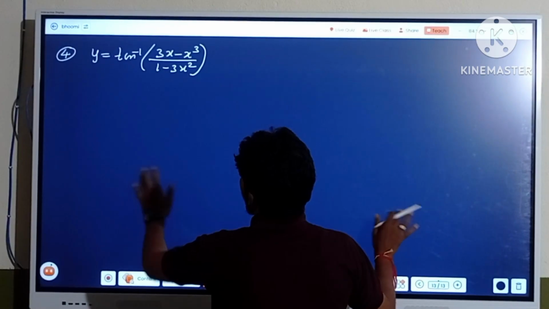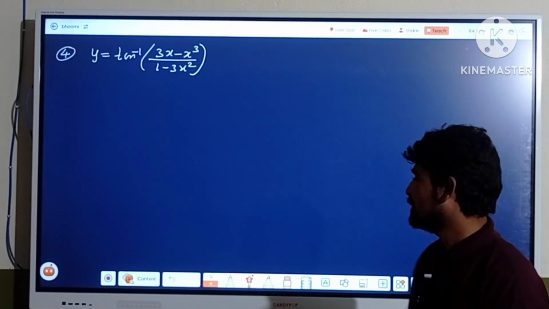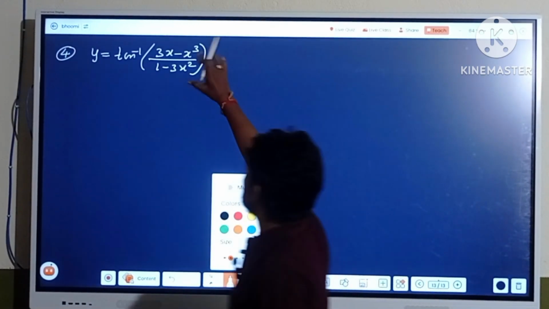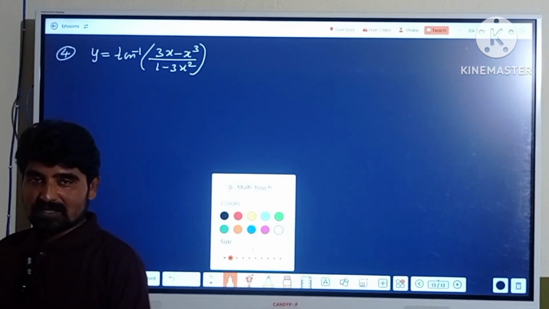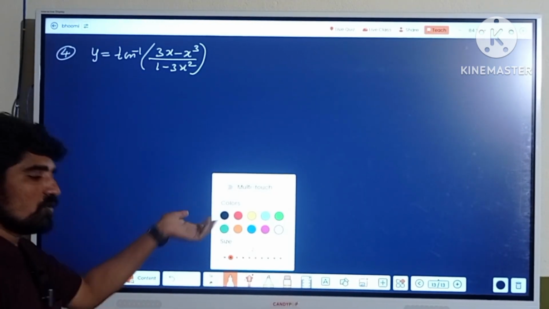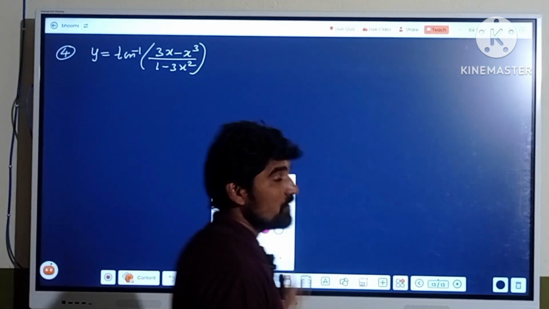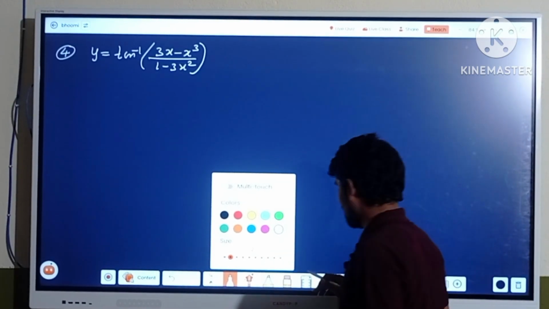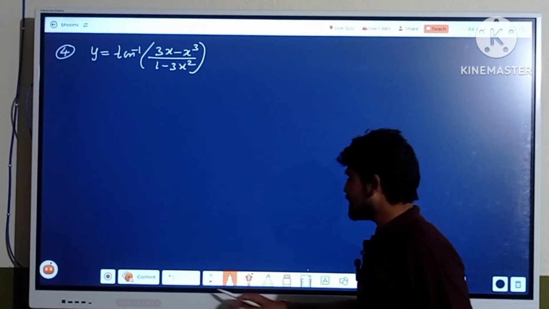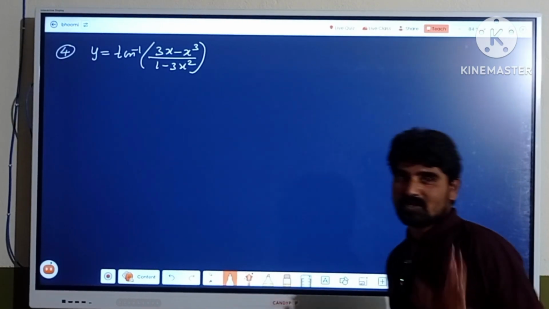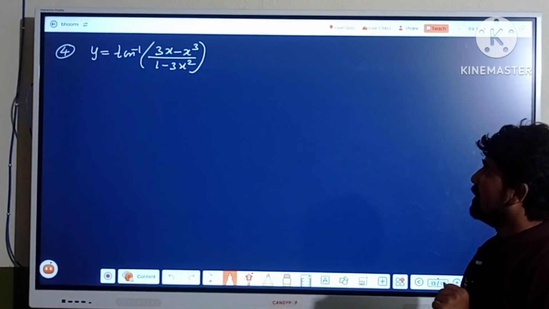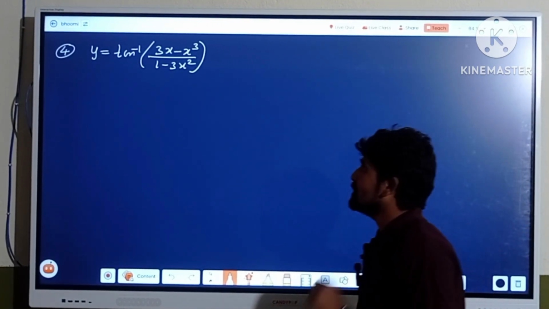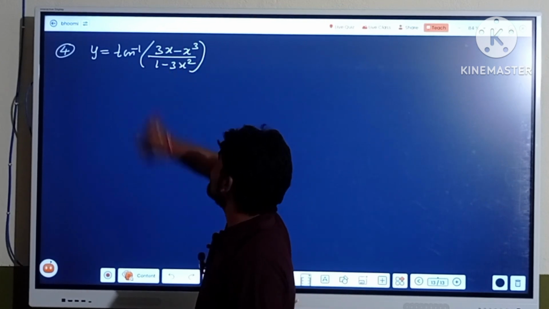Again it is of the form tan inverse x format, but here x is in a u by v form. So it is complicated to find the derivative directly by using the tan inverse x formula. Therefore, first we need to write the given expression in a simplest form by using a substitution. For the substitution, first we need to observe the term inside the bracket.